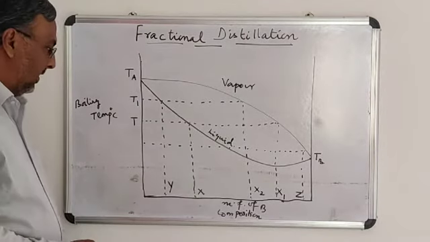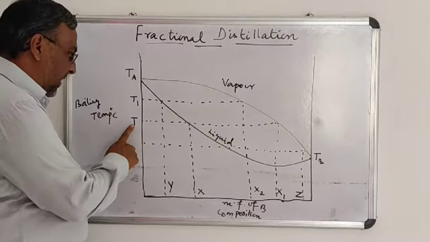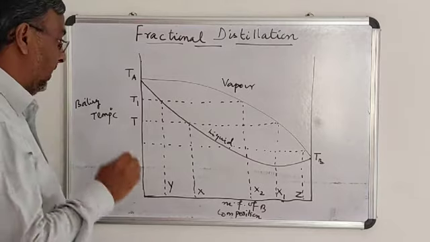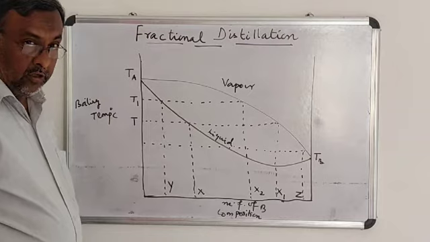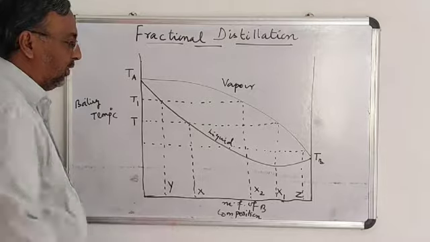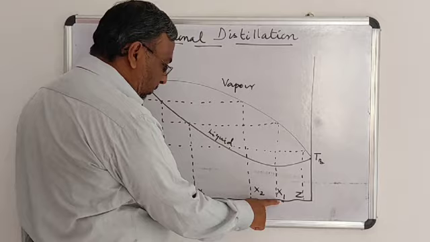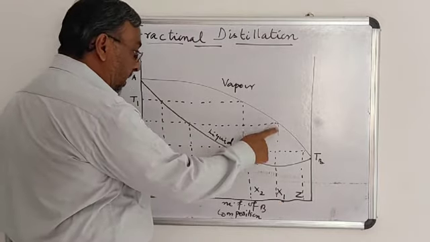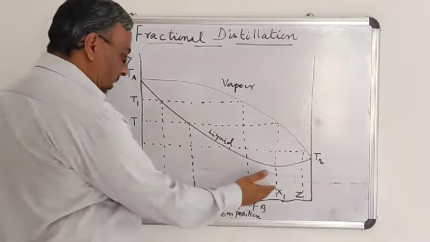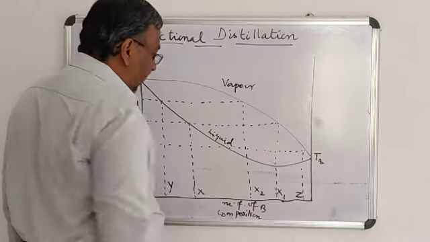Now let us consider heating this mixture at a temperature T. When we heat the solution of composition X, the vapors will have the composition X1, because the vapors will be rich in B, as B has the low boiling point.